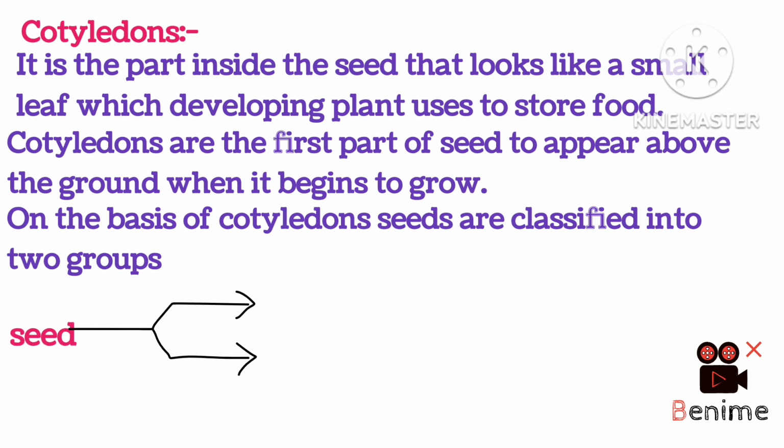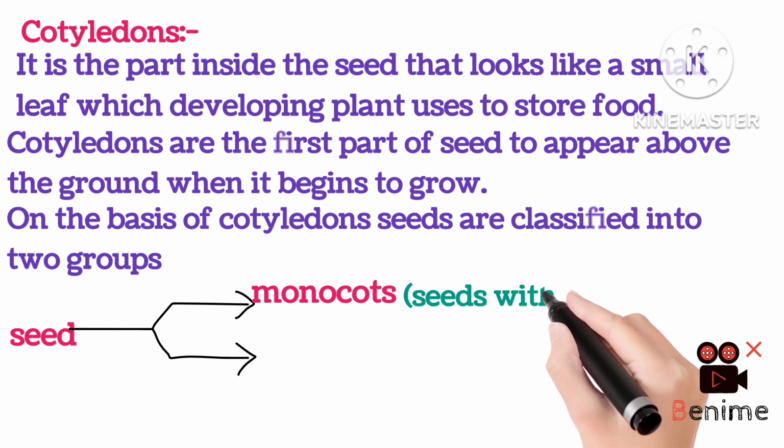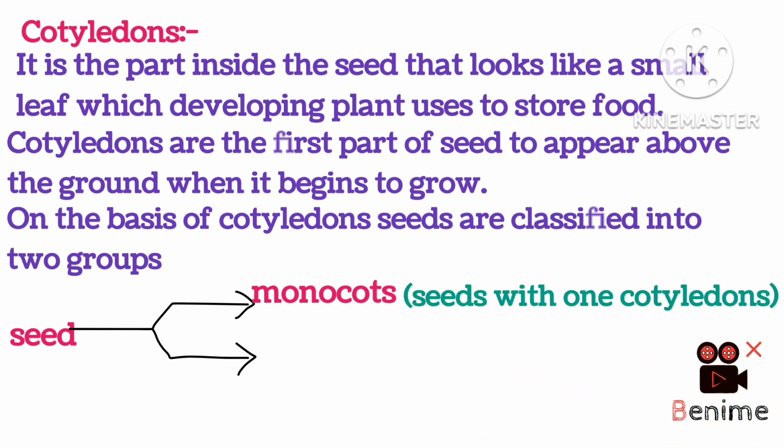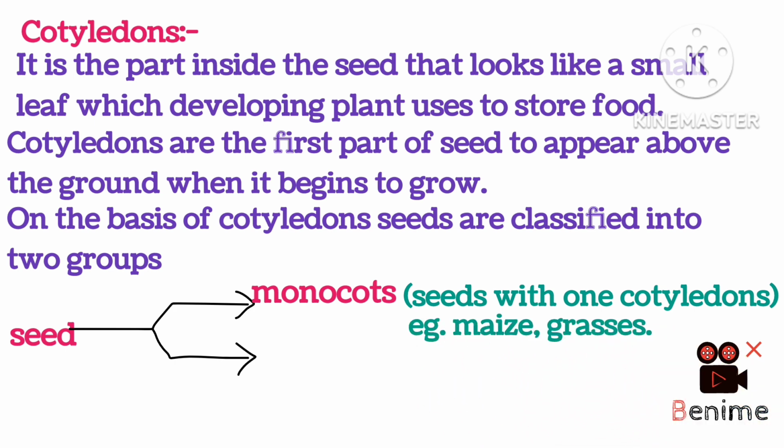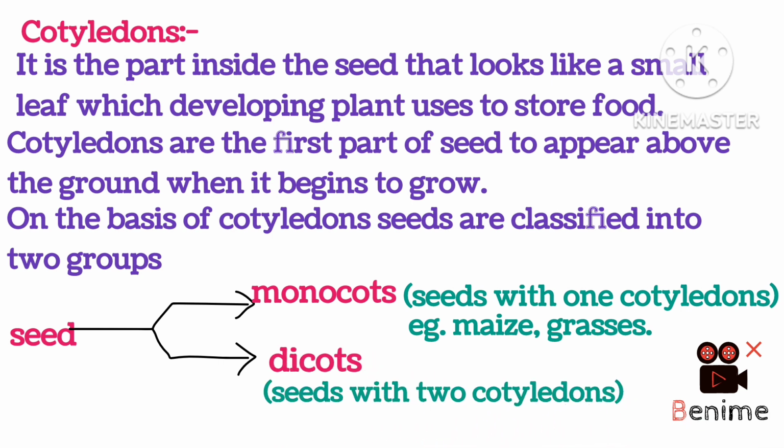First is monocots. Seeds with one cotyledon. Example, maize, grasses. Dicots. Seeds with two cotyledons. Example, bean, pea.